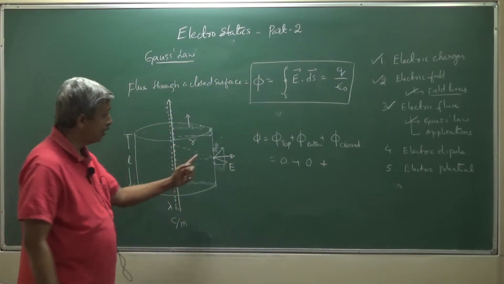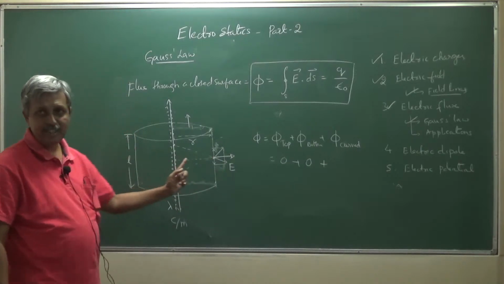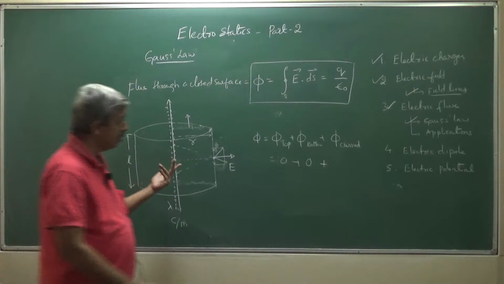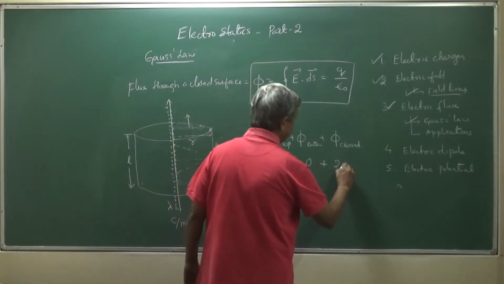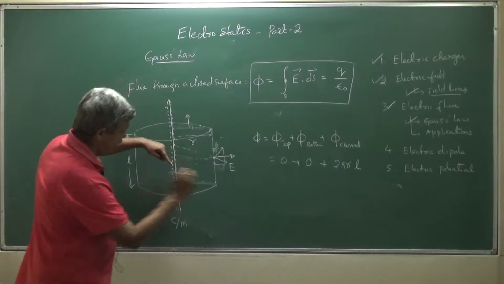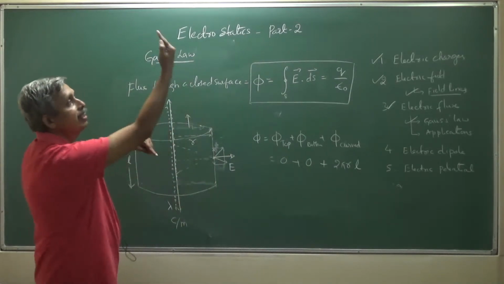Which is E everywhere into the area. The surface area of the curved part is 2 pi r into L. Correct? 2 pi r is the circle, into L, that is the length.